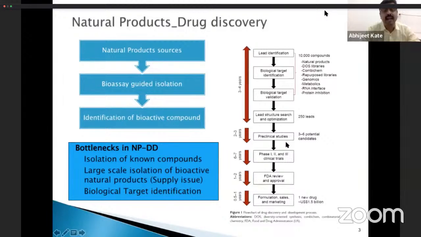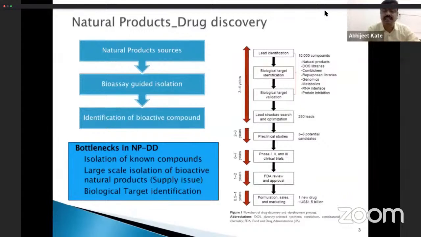Then, with good data in terms of minimum toxicity and sufficient efficacy, it goes to clinical trials, which means the first human trials, phase 1, which looks after the safety part, conducted on a small number of healthy volunteers, giving a small amount of drug and looking at the safety perspective.